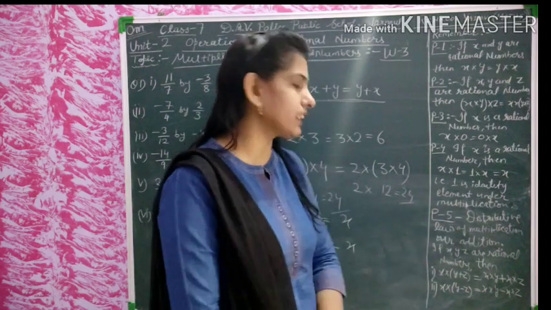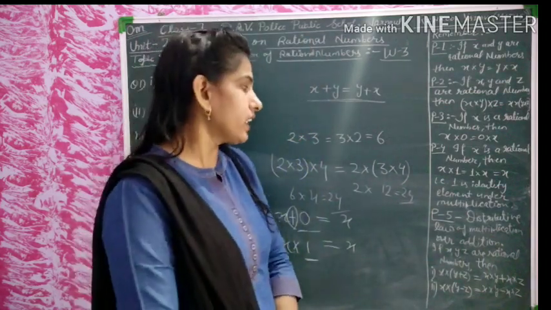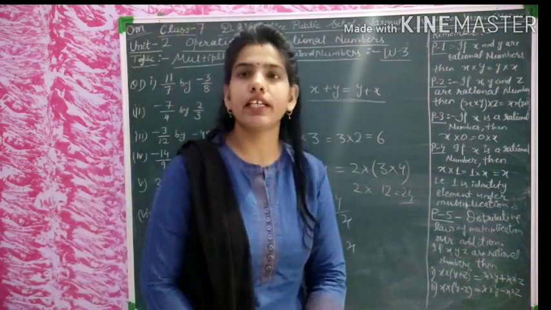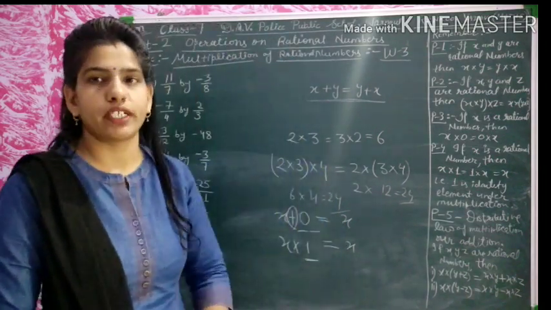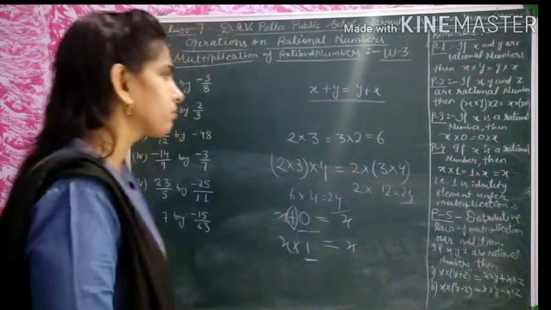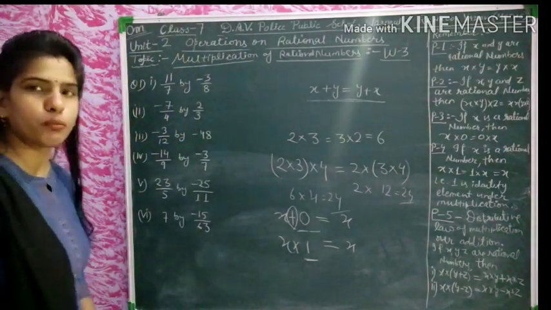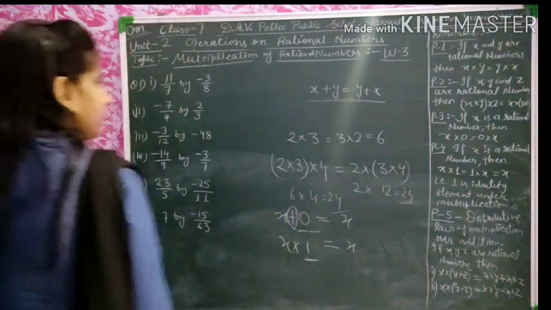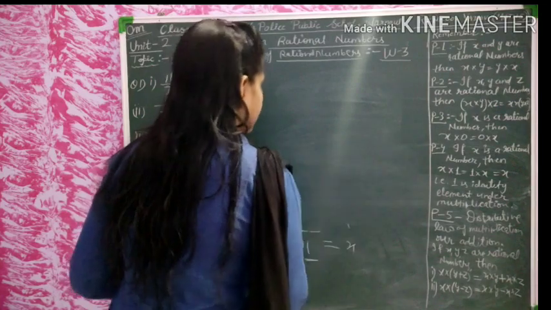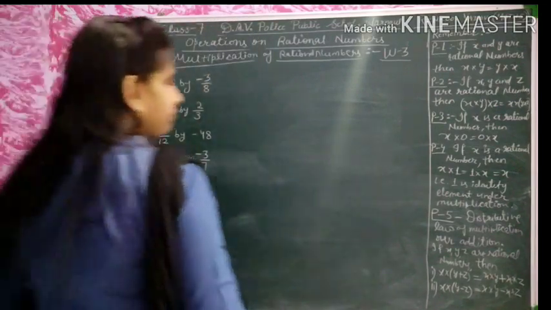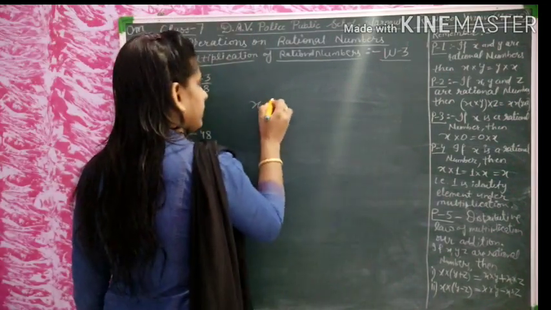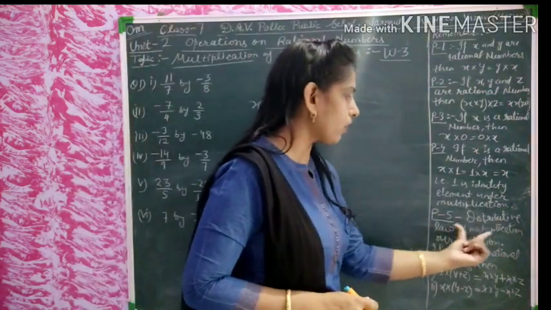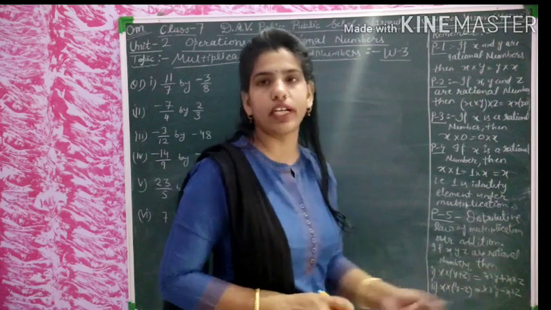So students, you are seeing that the next property is the distributive law of multiplication over addition. Here is the distributive property. In this multiplication operation, there is one more property, that is the distributive property. This property says x into, the distributive law of multiplication over addition.